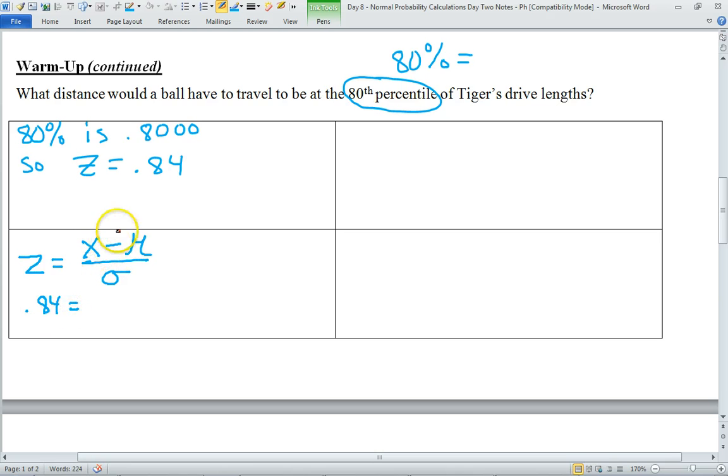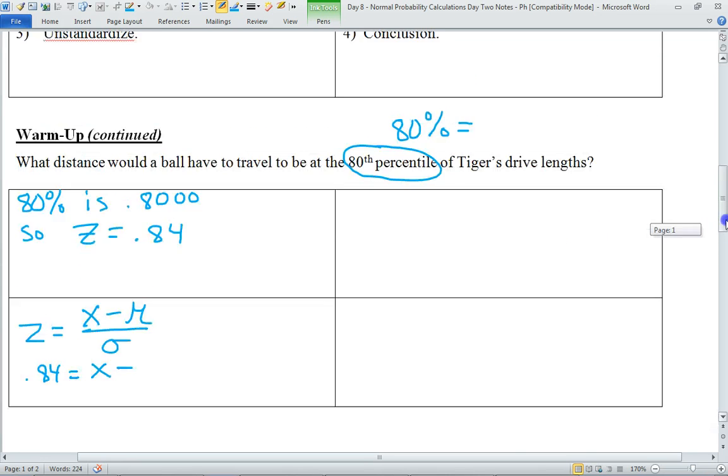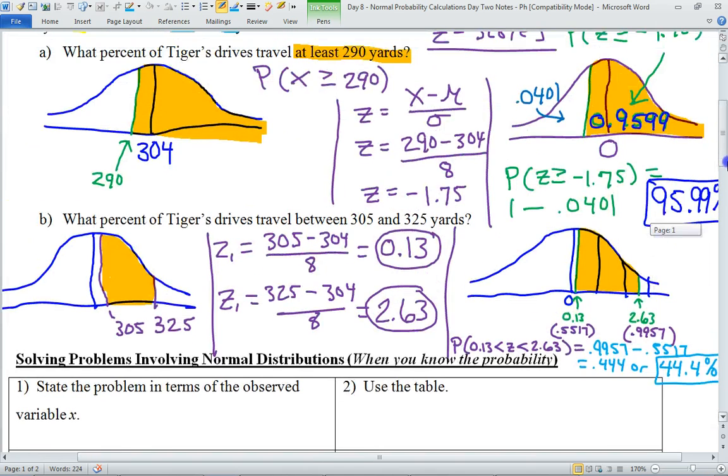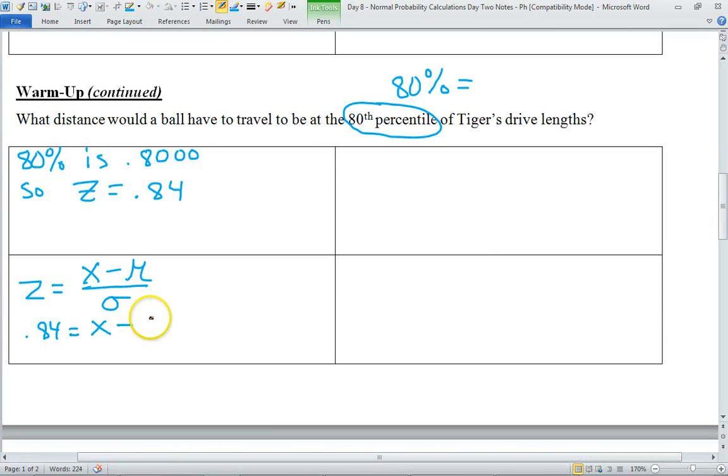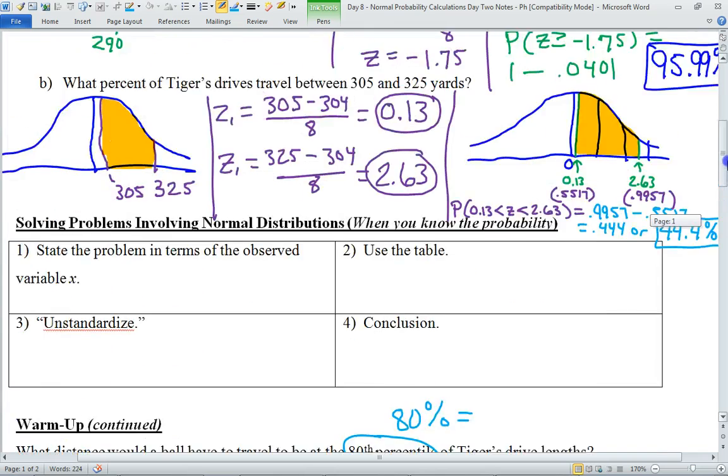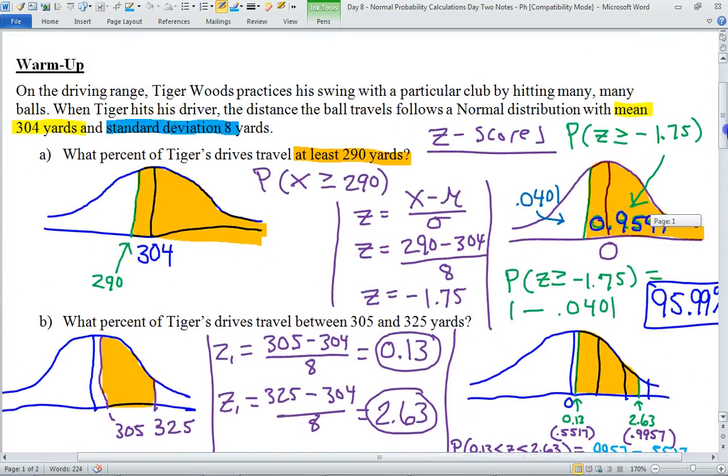Now this x is what we're trying to find. The x is going to wind up being the distance that the ball would travel. So I'm just going to leave it x for now. Minus the mean. What was the mean? I think it was 304. So x minus 304 over the standard deviation, which I believe was 8. Just take a quick peek, back up. Yeah, standard deviation was 8.